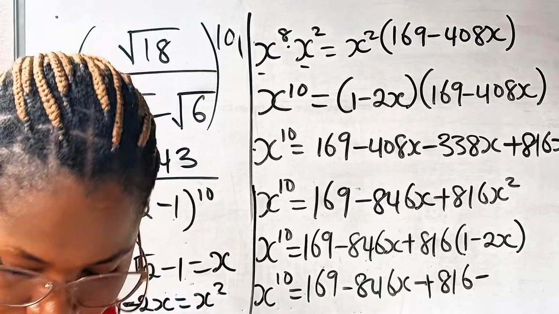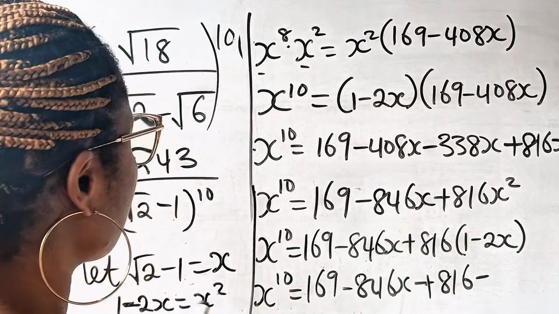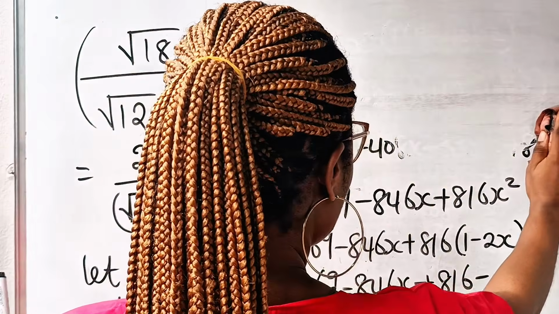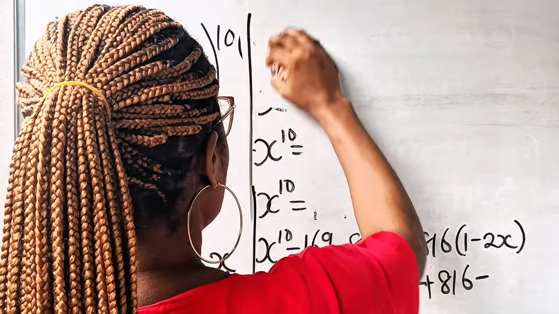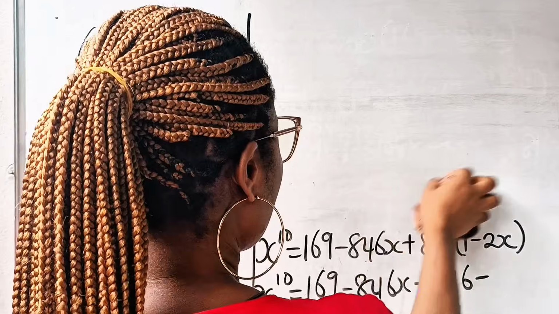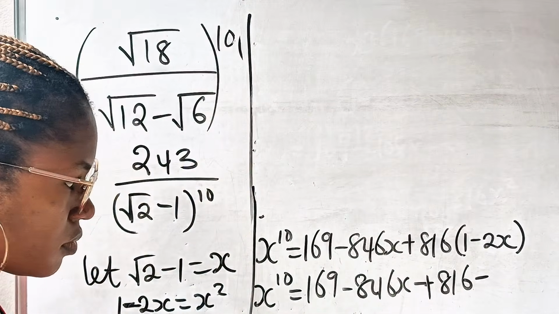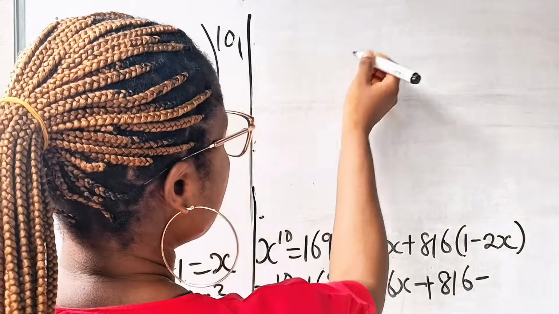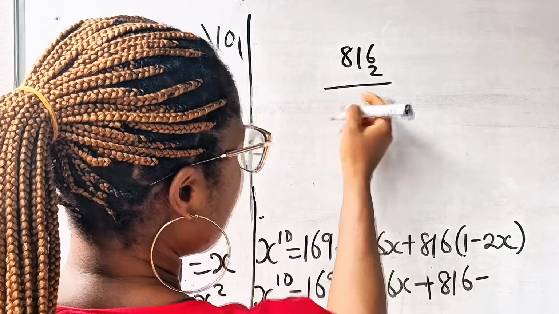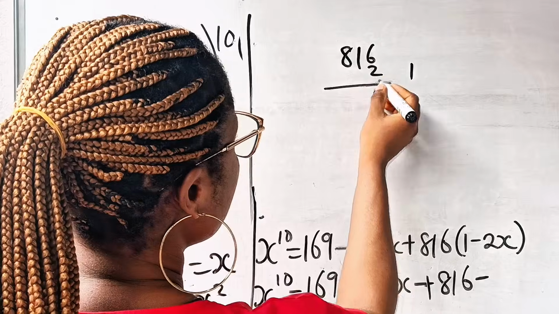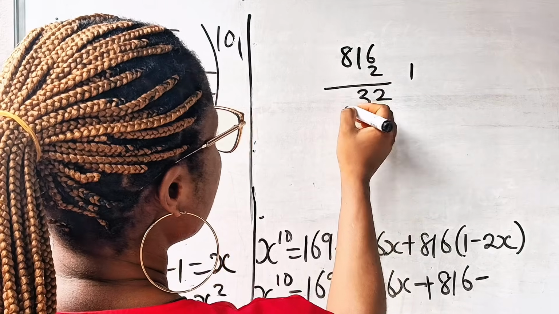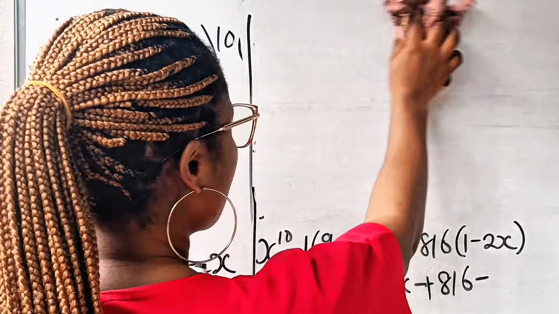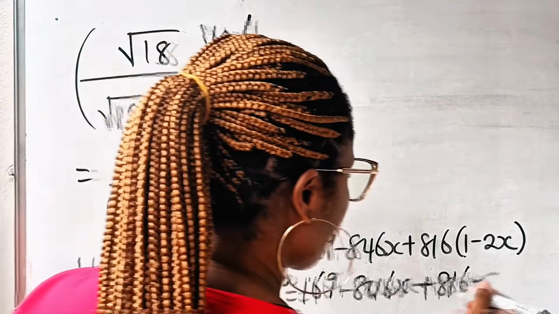Now we are going 816 times 2. This is 12. This is 2 plus 1 is 3. This is 16. So we have 1632x.